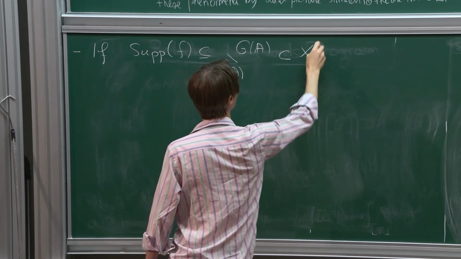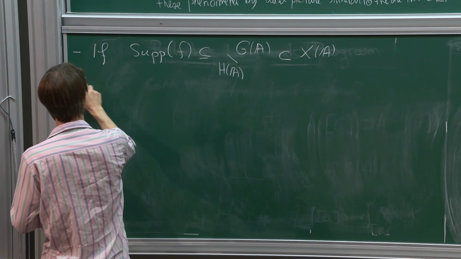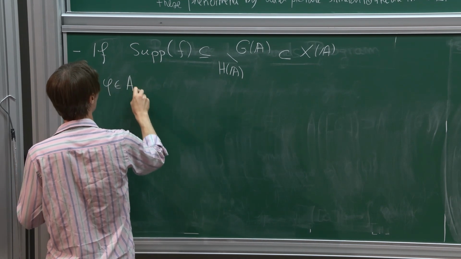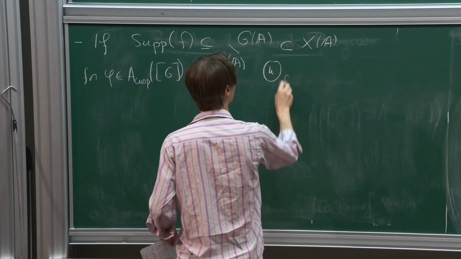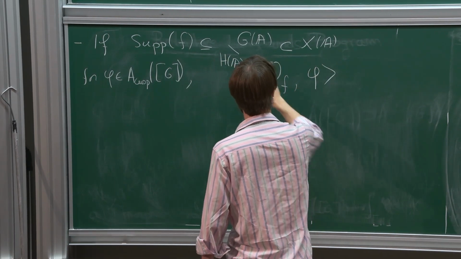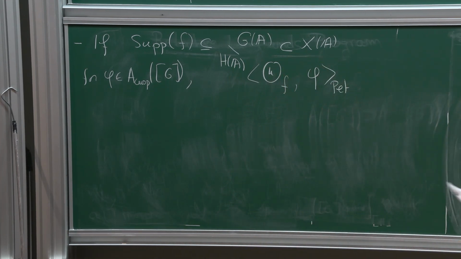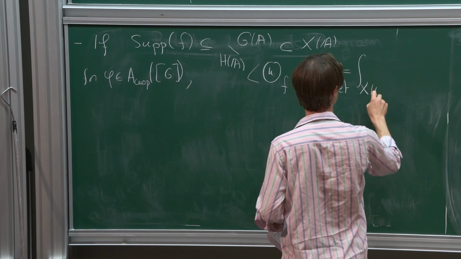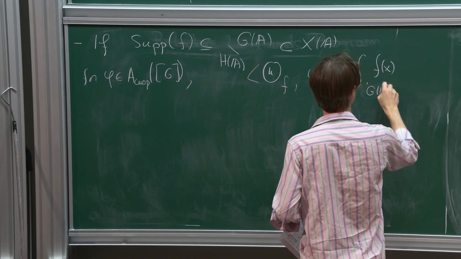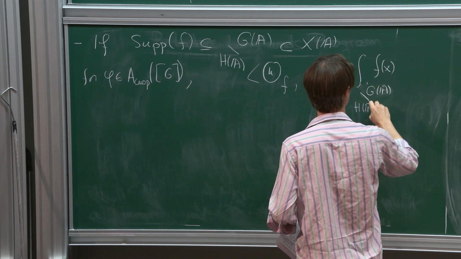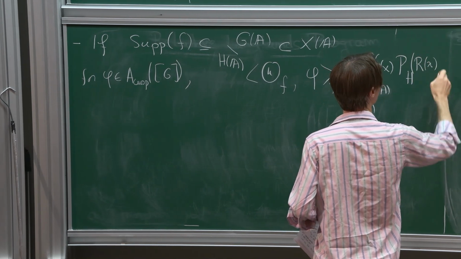in X of A, then you can check, it is a relatively easy exercise, that if you take a cusp form phi on G, and you take the theta series as before, and you pair it with phi in the sense that you take the Petersson inner product, so the L2 inner product on the automorphic quotient, you get the integral over G of A, not H of A, of f of x times the period of phi translated on the right by x.